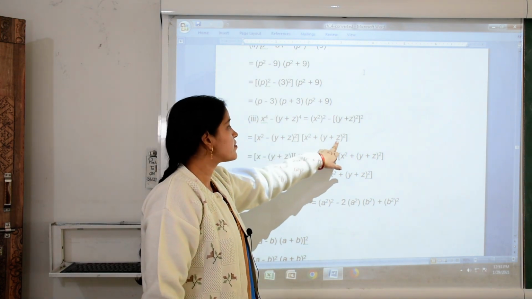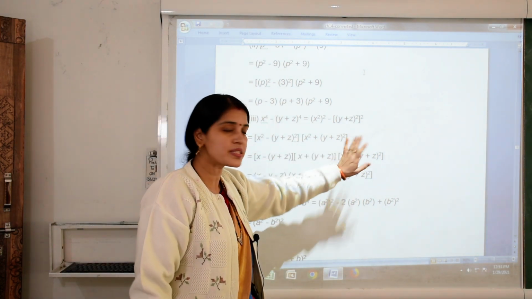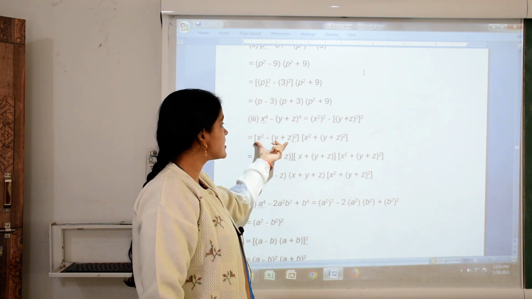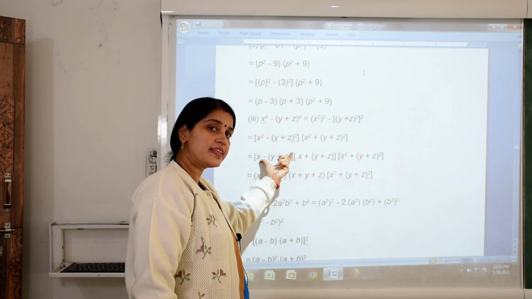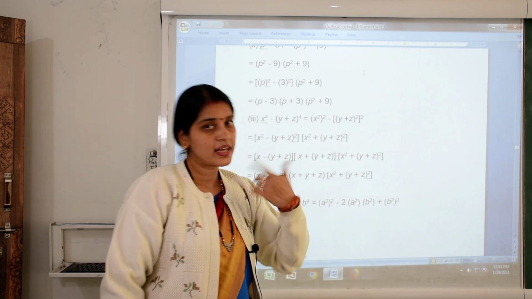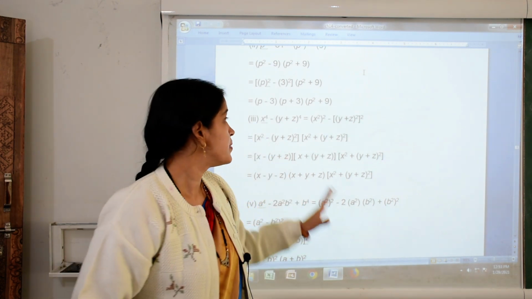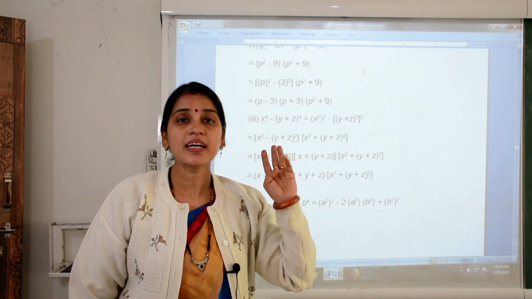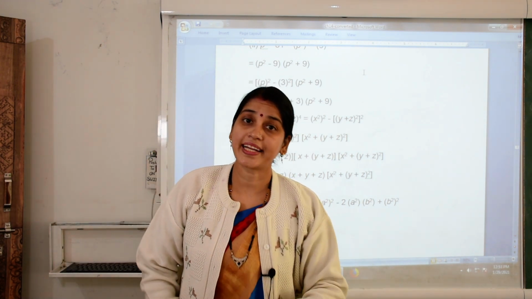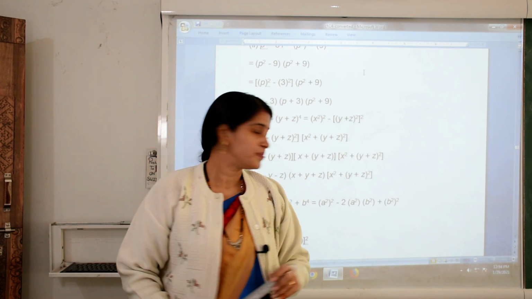Okay, and this one is in plus, so this comes as it is. As this is in minus, here we again apply the identity, so we get it one time in minus and one time in plus. It means if the power is 4, then we have to apply the same identity 2 times, that is identity number third.